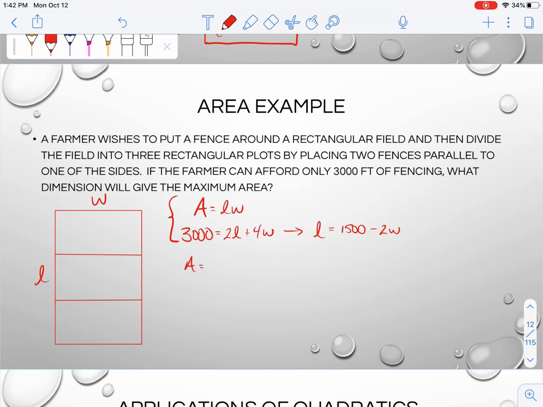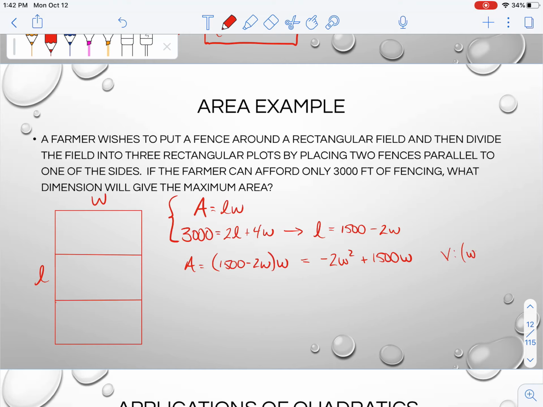So I'm going to have area equals 1,500 minus 2W times W, or when I put this into standard form, I'm going to have negative 2W squared plus 1,500W. Now I have an equation that is in standard form.